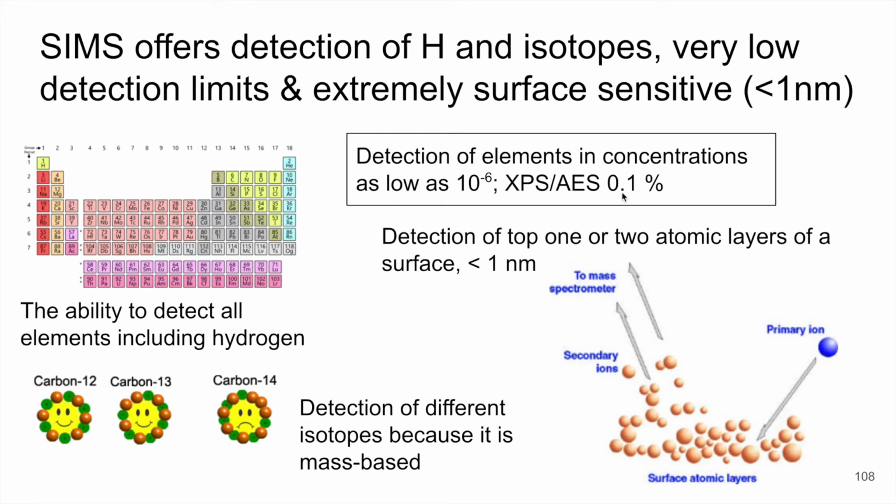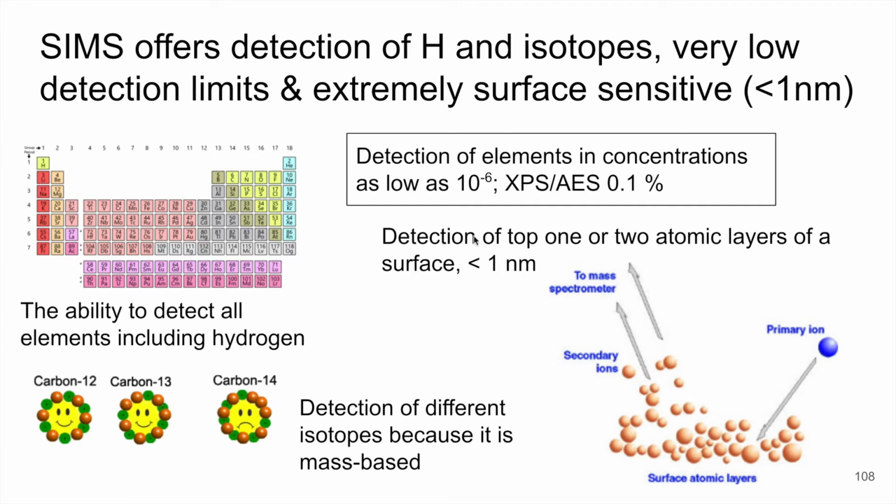So with XPS, AES, EDS and things like that, we talked about having a pretty high detection limit, around 0.1%, but we can detect as low as 10 to the minus 6 percent of elements in SIMS. So we can detect very low concentrations, and that can be powerful in certain applications.